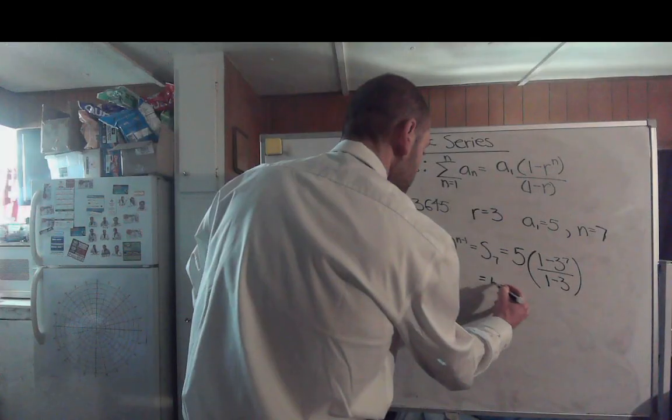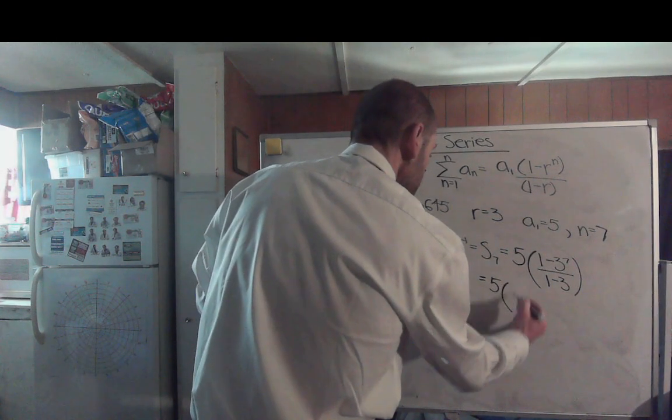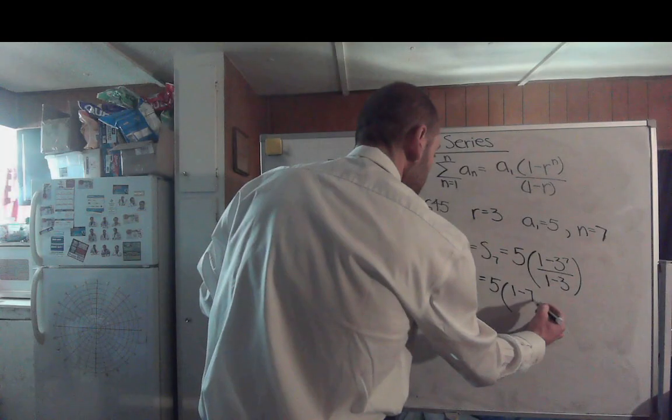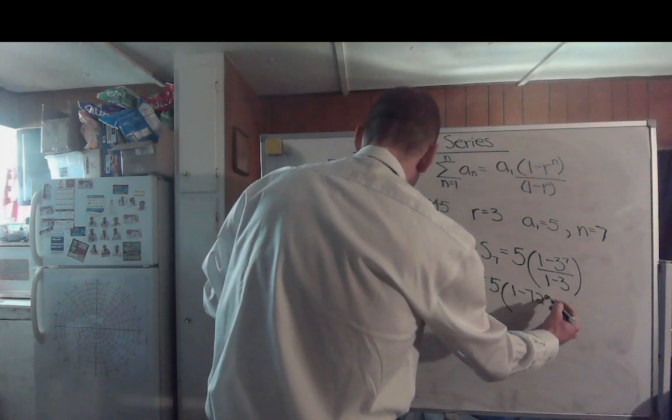So that's going to equal 5 times 1 minus 729.